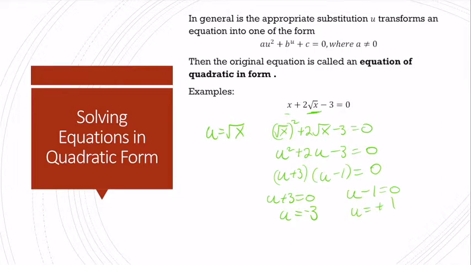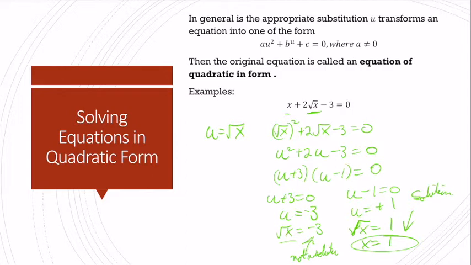I then go ahead and let the square root of x equal negative 3 and the square root of x equal 1. Well, square roots can never be negative, so this is not a solution. But the square root of x equals 1, that could be a solution because x would equal 1. This would be our solution. I solved that by squaring both sides.